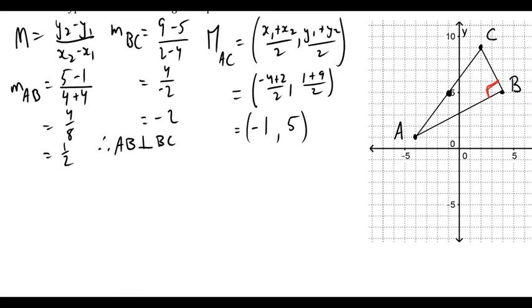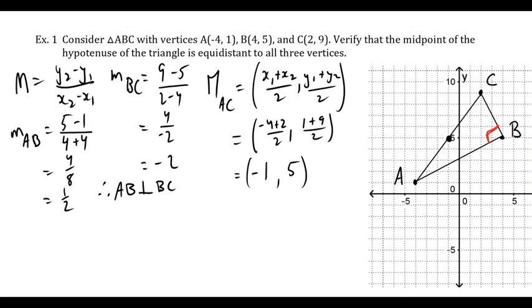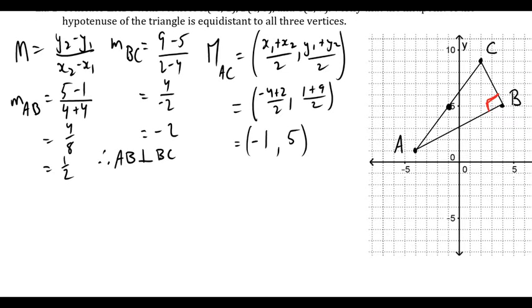Okay. Now what does equidistant mean? It means same distance, equidistant to all three vertices. So that is this distance, and this distance. That's the three distances that midpoint has from each of the vertices. I know that these two are the same. How do I know those two are the same length?